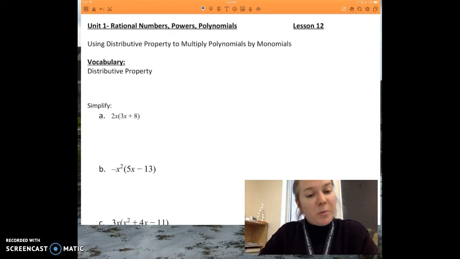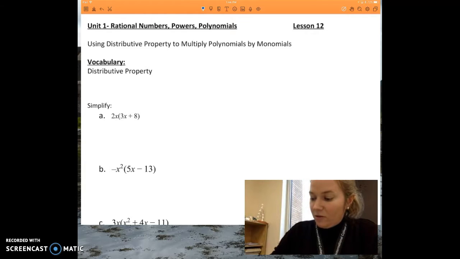The distributive property is something we actually saw very briefly in the last lesson when we were discussing what to do with that negative sign in front of a bracket. So we're going to formalize that with the correct vocabulary this time and call it the distributive property.